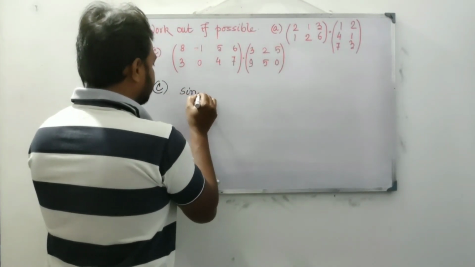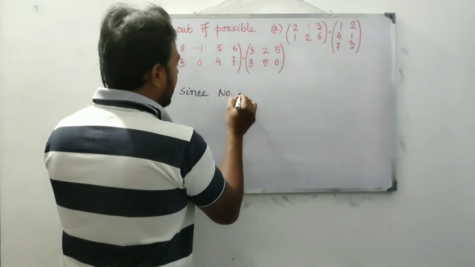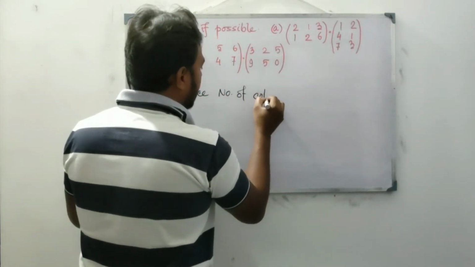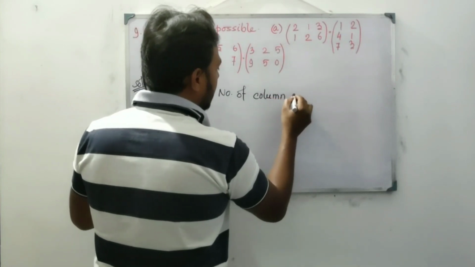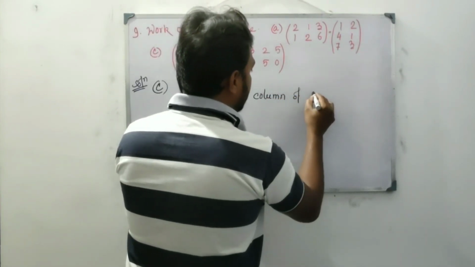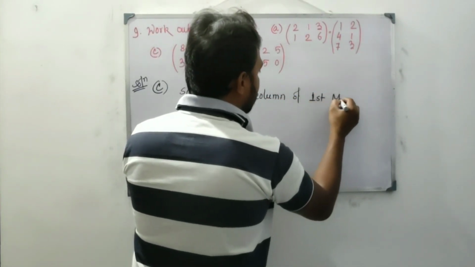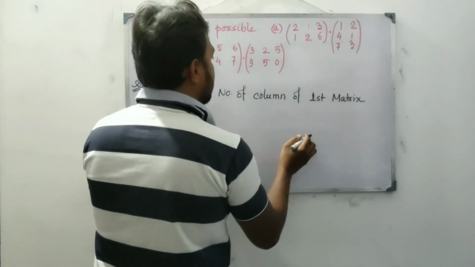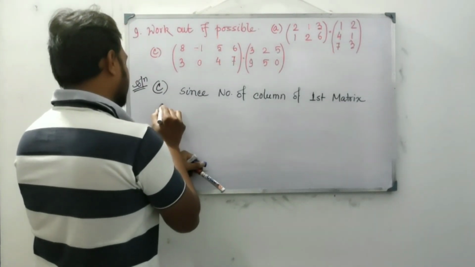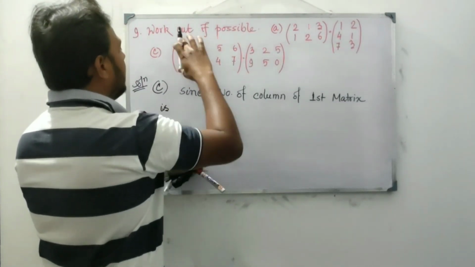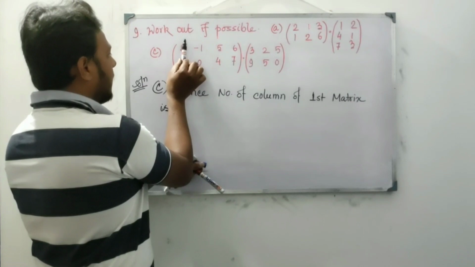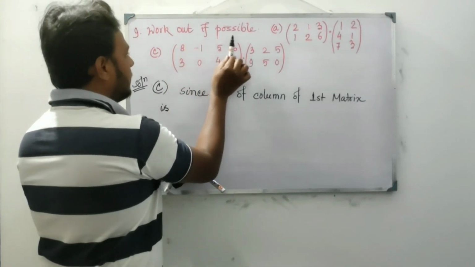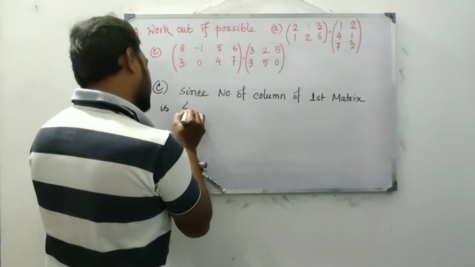Since the number of columns of the first matrix is, what? Number of columns? You have to count columns along the vertical way. 1, 2, 3, 4 is 4.